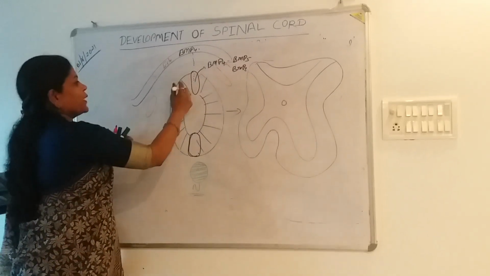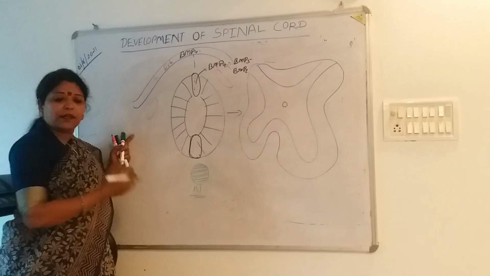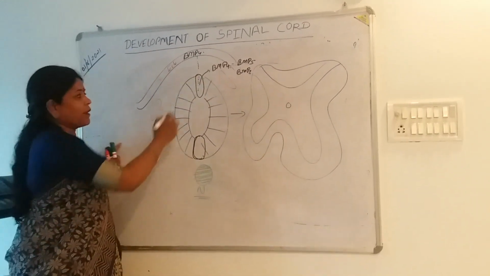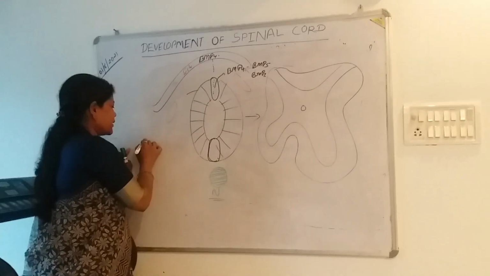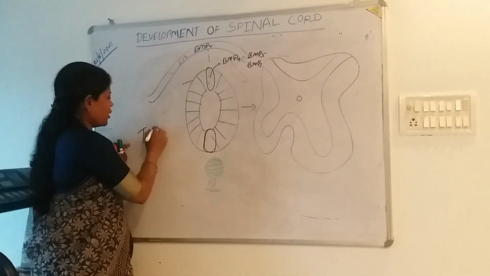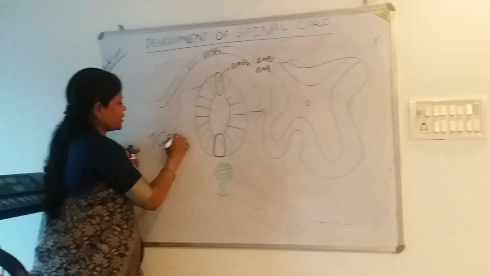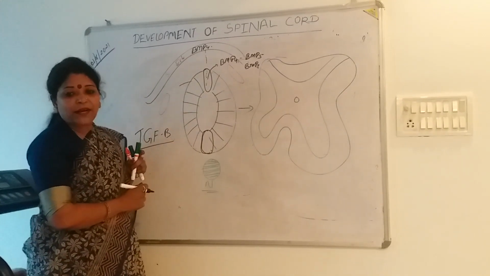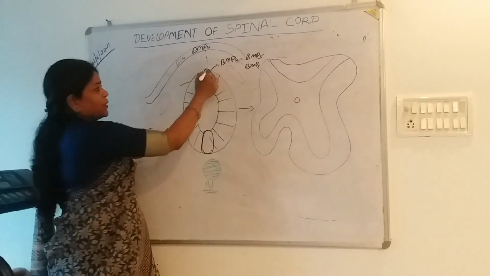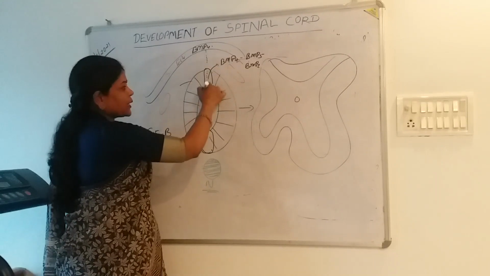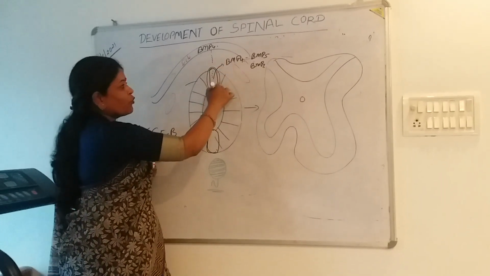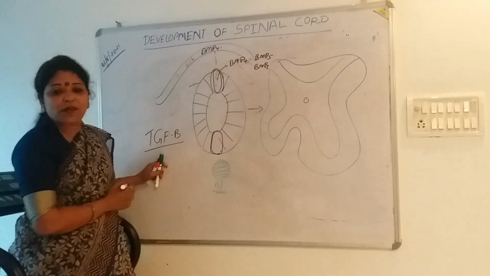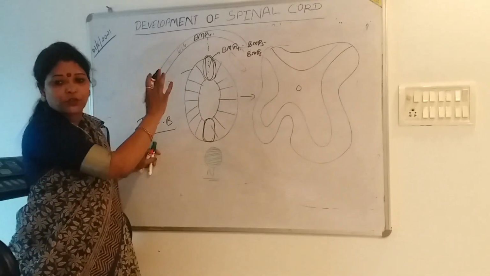Along with this roof plate, there is another molecule added, known as transforming growth factor B, which is present in higher concentration on the roof plate, that means towards the dorsal side of the neural tube.